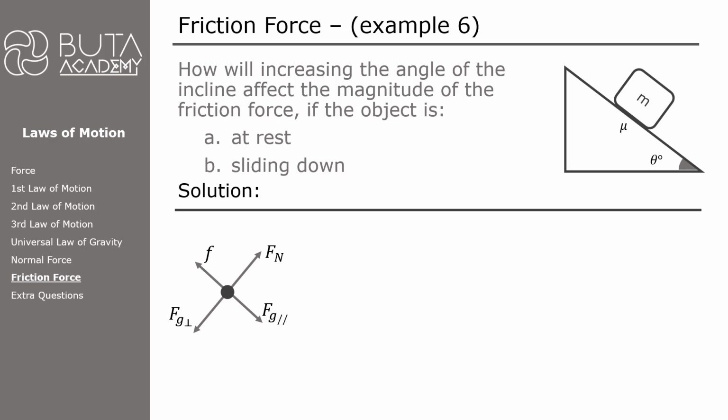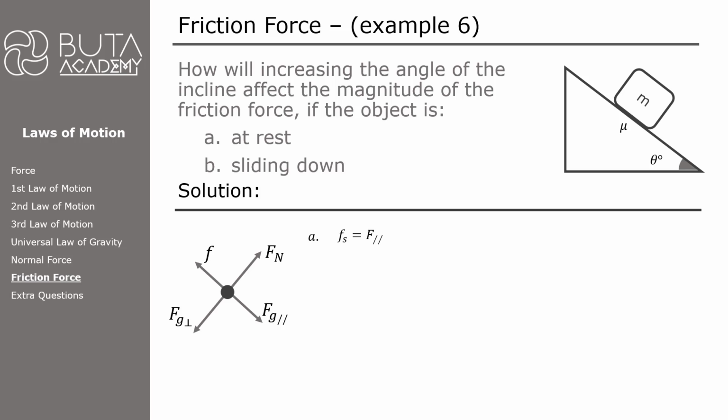Once done with the free body diagram, we can start to look at each case separately. In case 1, the object is at rest, meaning the friction force applied on it is the static friction force. And the magnitude of the static friction force is equal to the magnitude of the force which tries to move it along the surface. In other words, the parallel component of the gravitational force.